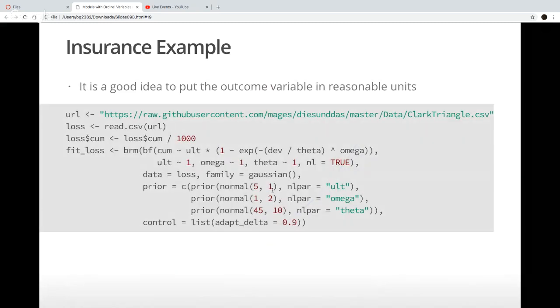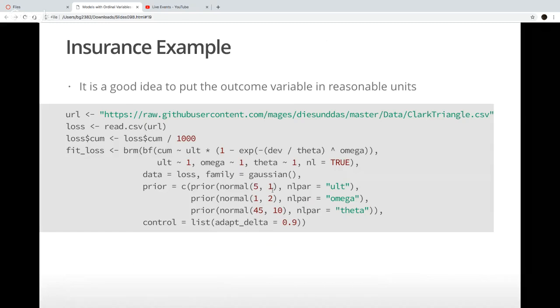Finally, we have an example from insurance. So here's another complicated-ish nonlinear model based on some data from an insurance company.